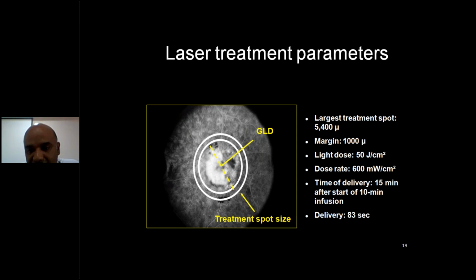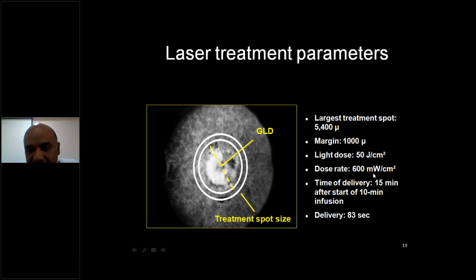So in photodynamic therapy, this is the lesion. The lesion was measured, and the amount of energy was decided, and the delivery duration was decided. Now, this is a classic example of PDT, where after the injection of the dye, the laser energy was given in this particular area for 83 seconds, 15 minutes after the start of infusion of verteporfin.